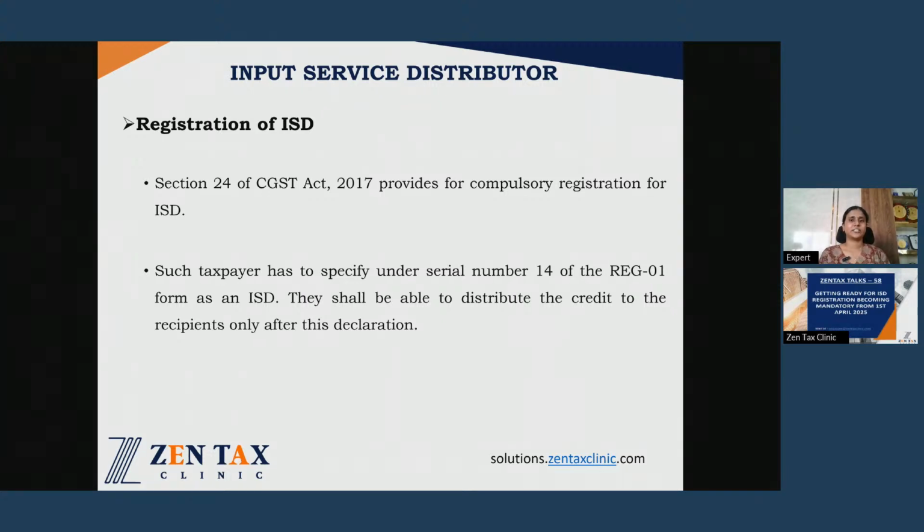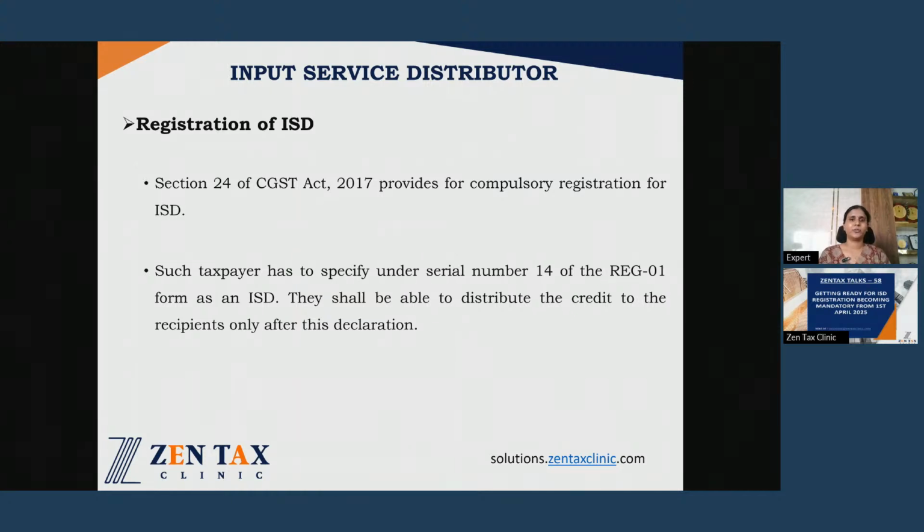Registration under ISD. As we know, Section 24 of the CGST Act 2017 provides the list of entities for which registration is compulsorily required under GST. So one of such entities is the input service distributor. If a person is liable for ISD, then they should get compulsorily registered in GST.